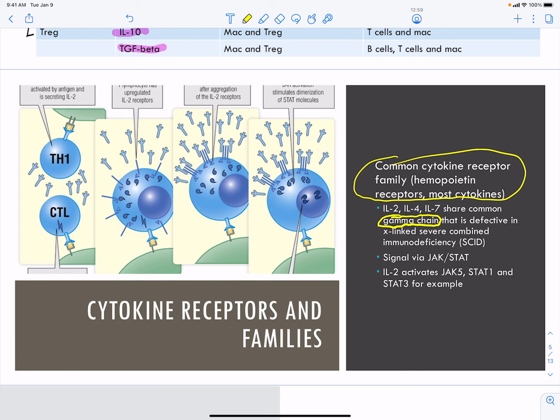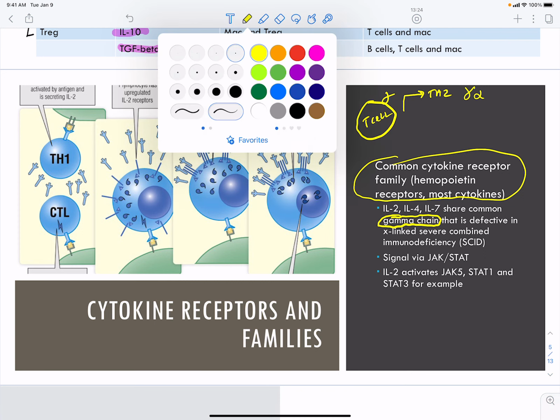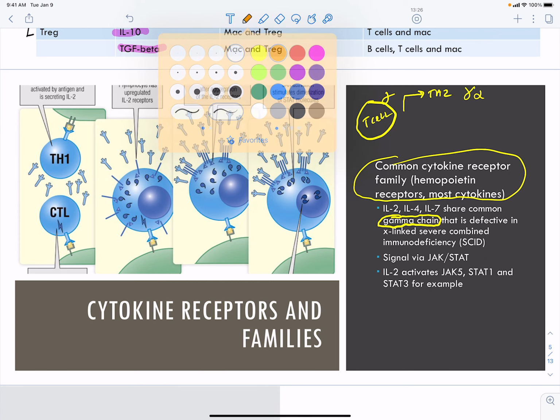And so just to show what this means, if you have a T cell, it will have the gamma chain on its surface, okay? And if this T cell is going to become a Th2, the gamma chain will be joined by the alpha chain for IL-4.